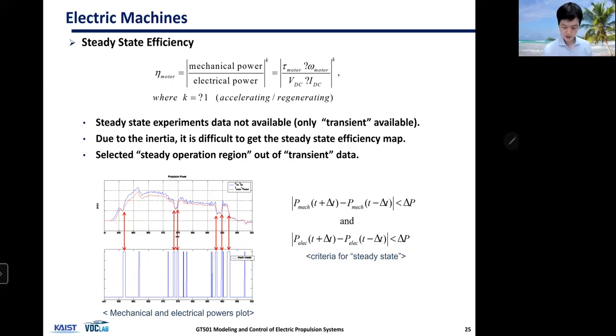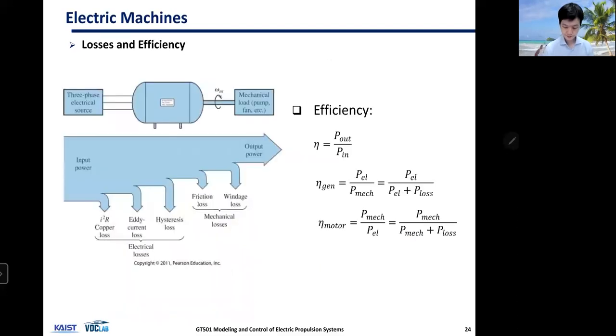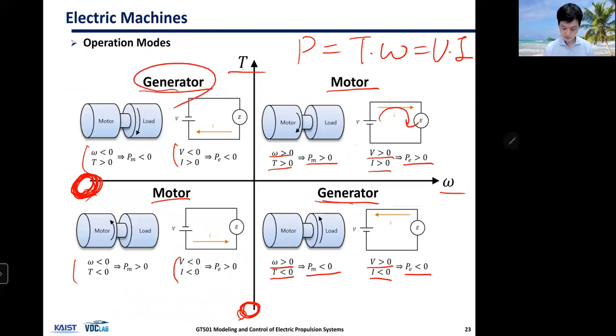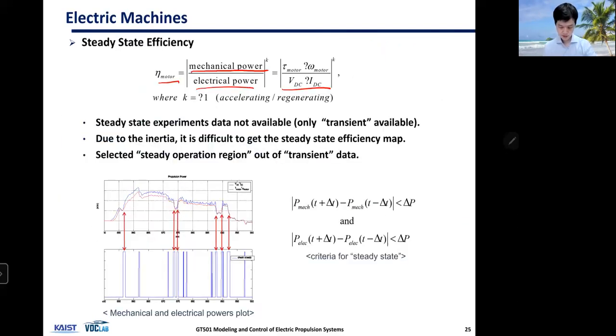What that means is that if you have a motor and your input was electrical power and output was mechanical power, then this is the definition of the motor, which is this. But if you're operating in the second and fourth quadrant, working as a generator, then they need to be switched, meaning that mechanical power is the denominator and electrical power is the numerator.